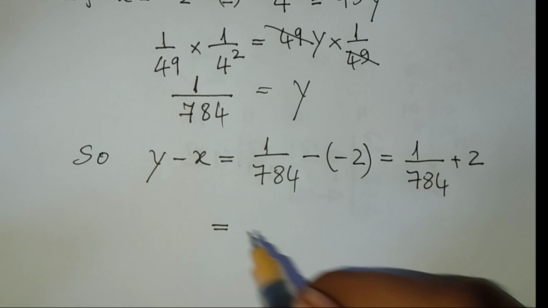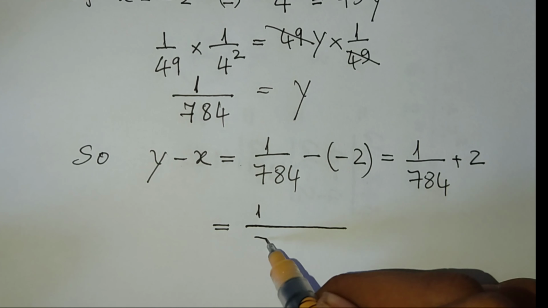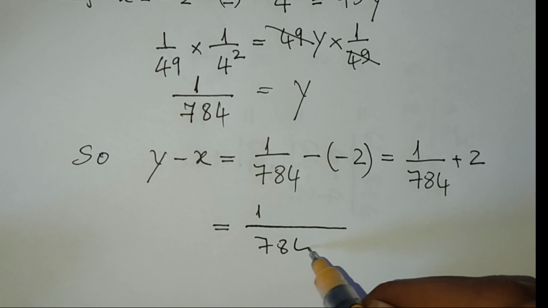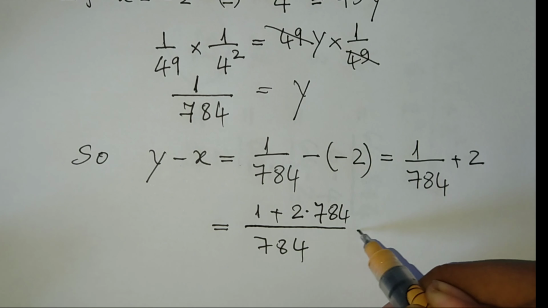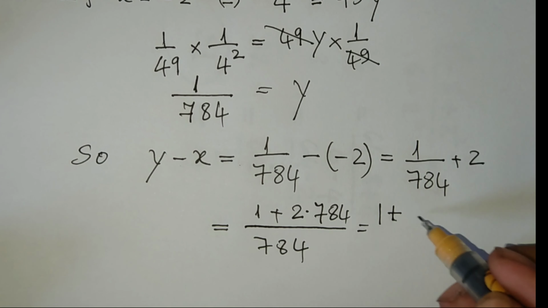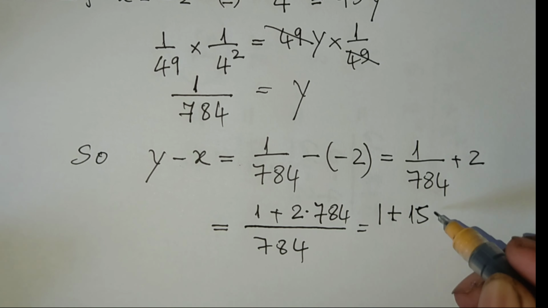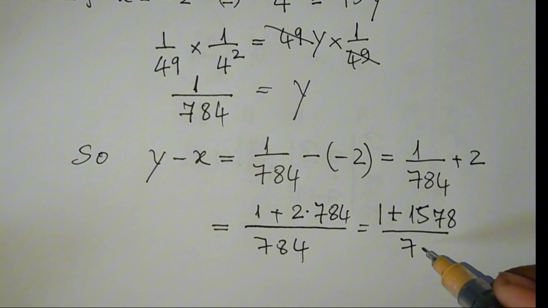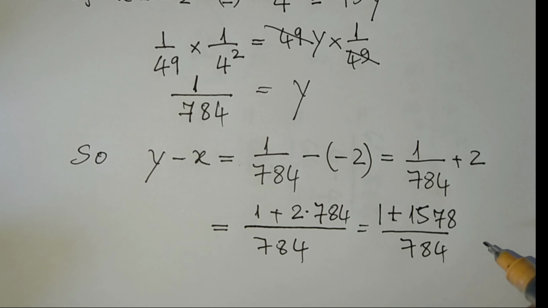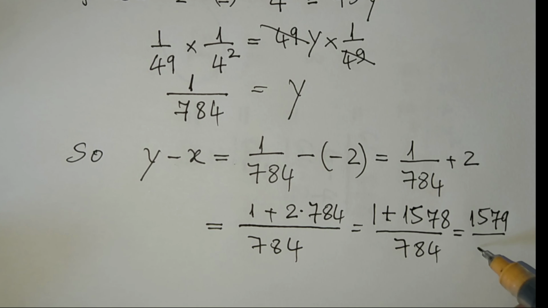So we get 1 plus 2 times 784, which is 1,568, divided by 784, and it equals 1,569 divided by 784.